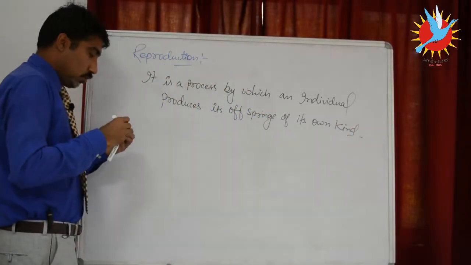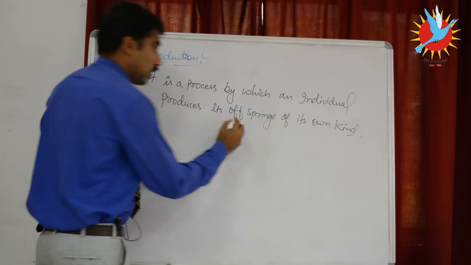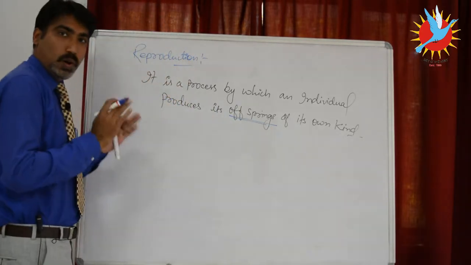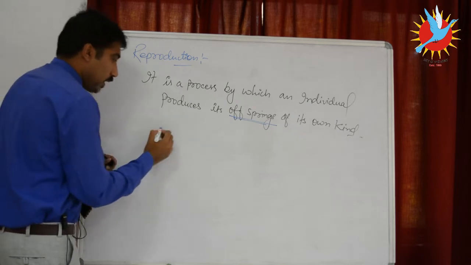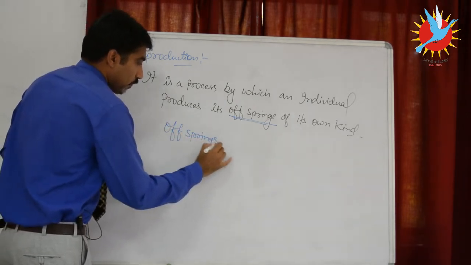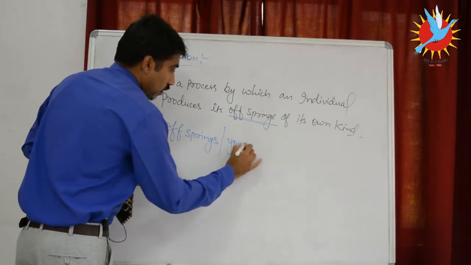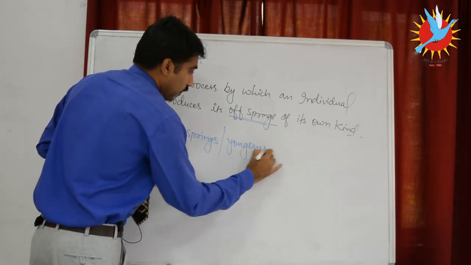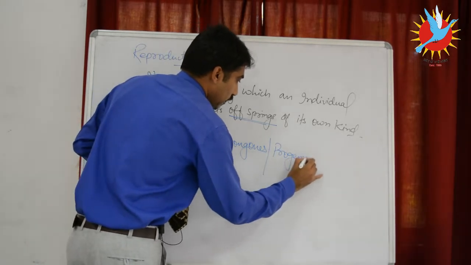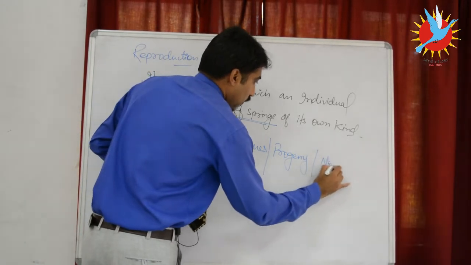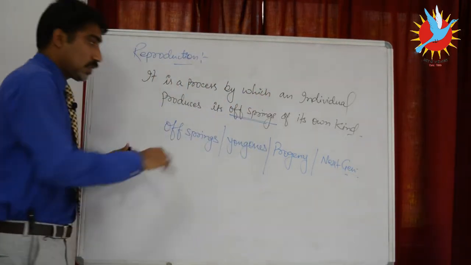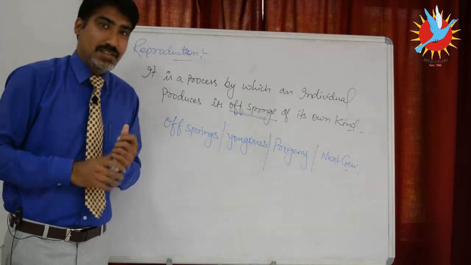First, I would like to discuss more about the term offspring. Do you know the meaning of this term? Let me tell you. Offspring, young ones, progeny, and next generation, these are synonyms of each other.